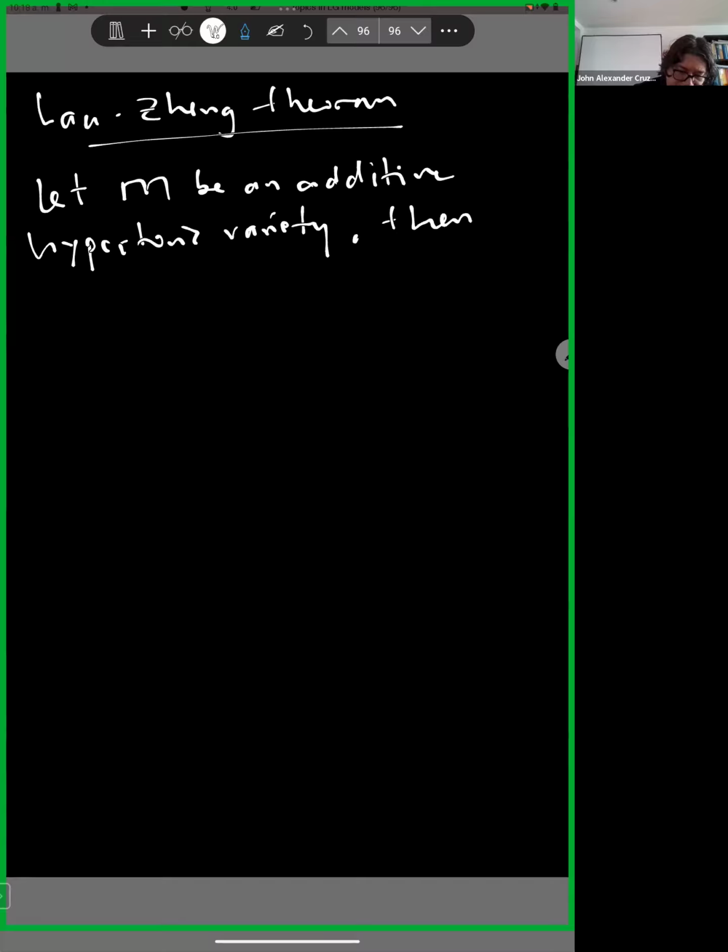There is this theorem by Lau and Chen. The theorem says: consider an additive hypertoric variety M. Then M has an SYZ mirror.